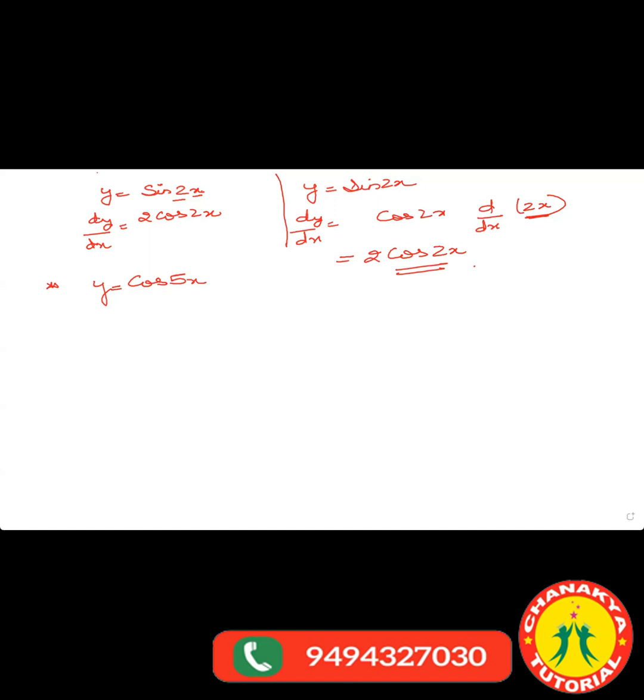Tell me, Dhananjay. Ma'am, minus 5 sine 5x. Yes, because the differentiation of cos is minus sine. So it will be minus sine 5x. Then differentiation of 5x will be 5 only. So minus 5 sine 5x.